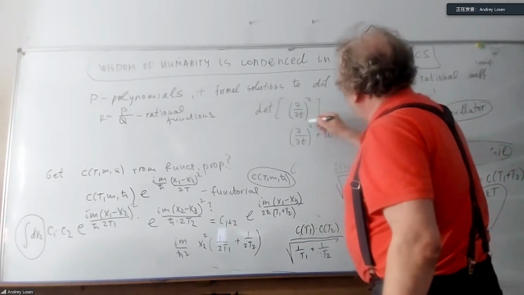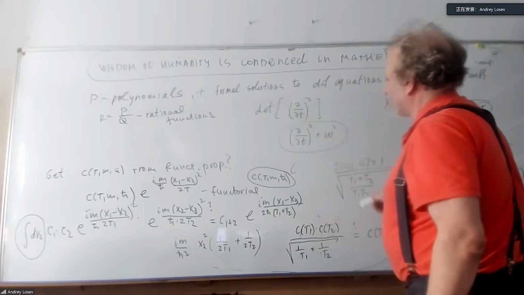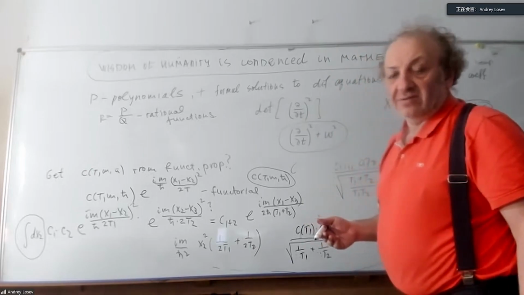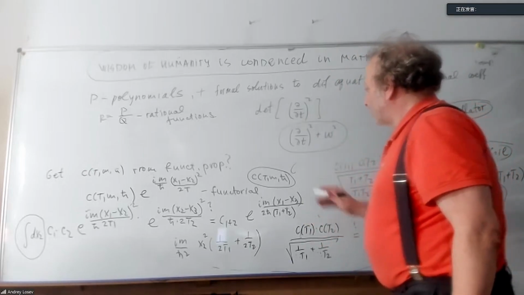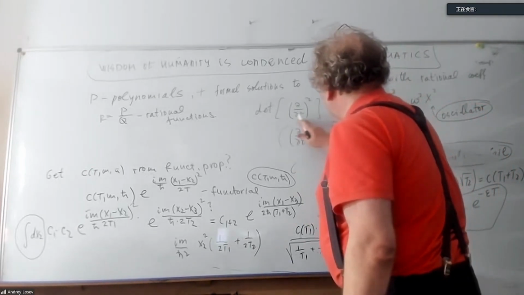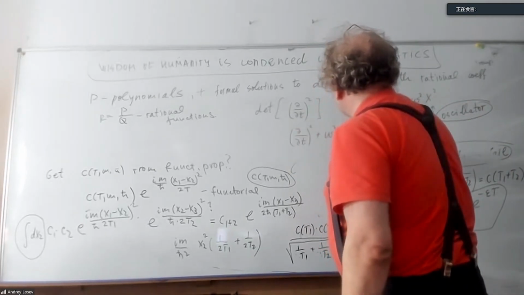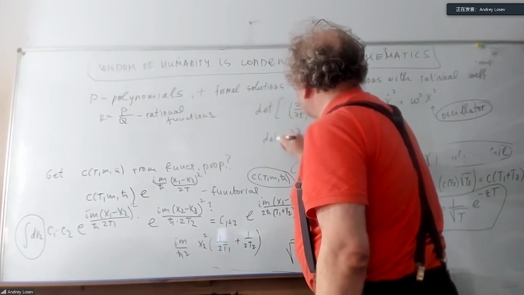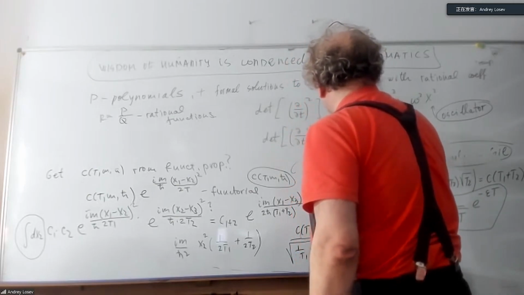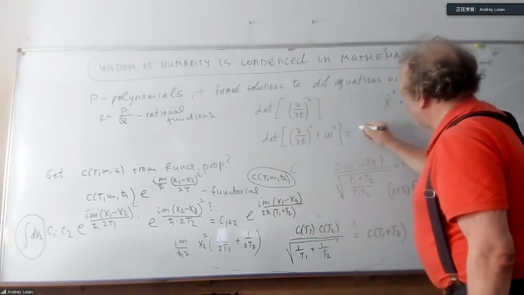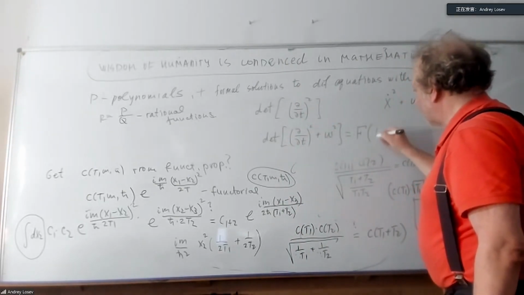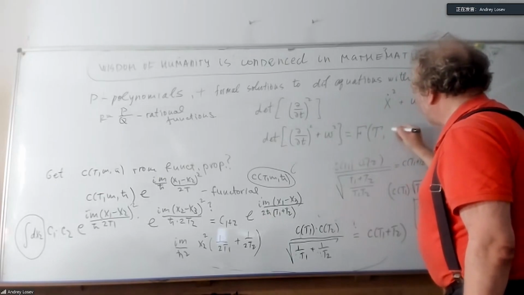And then, looking at the oscillator, I'd like to write down some equations. So actually, I'd like to understand what this is. And this is expected to be some function of t and omega.